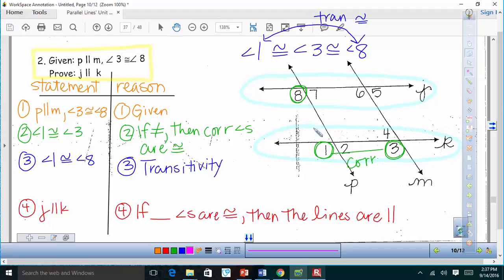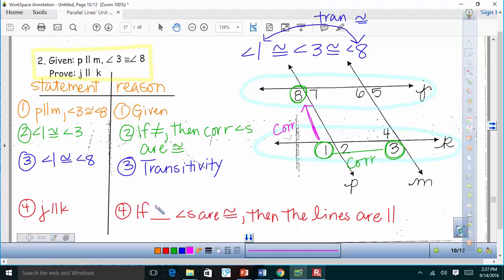Okay, so if 1 actually has a relationship to 8, what would that relationship be? Corresponding. Okay, and so where does this last angle relationship go? Where I need some type of angles are congruent.